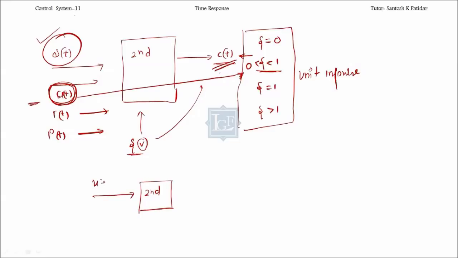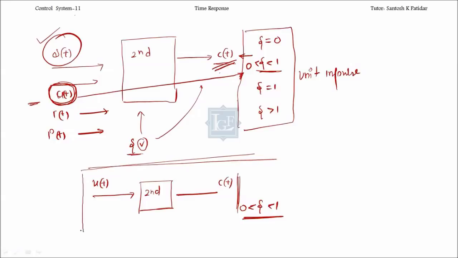We'll give it u(t) and get the output c(t), and we are going to discuss this only in the underdamped range, for the value of zeta between 0 and 1. This one is very important, so we are going to discuss only this. Let's start.